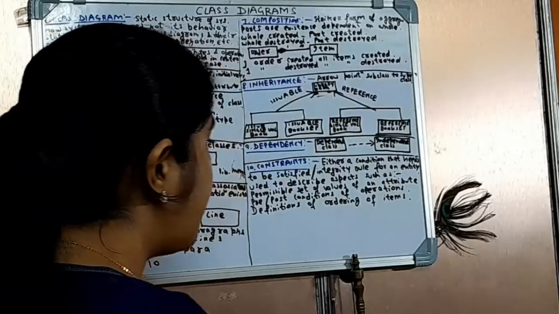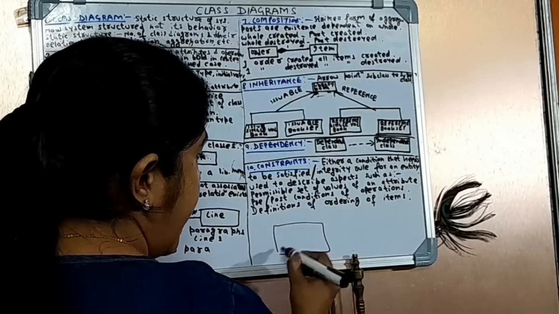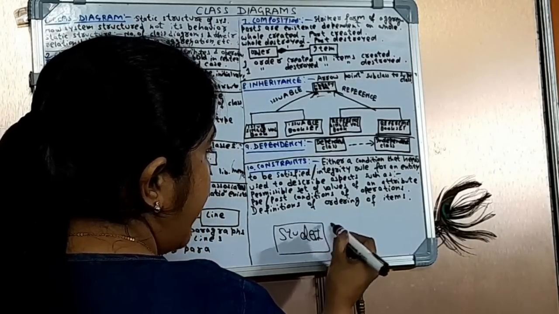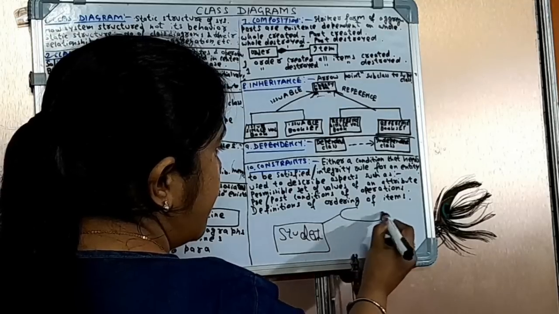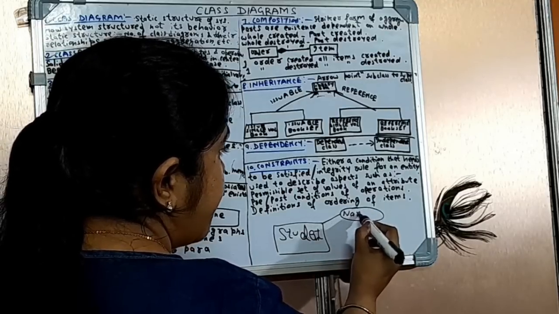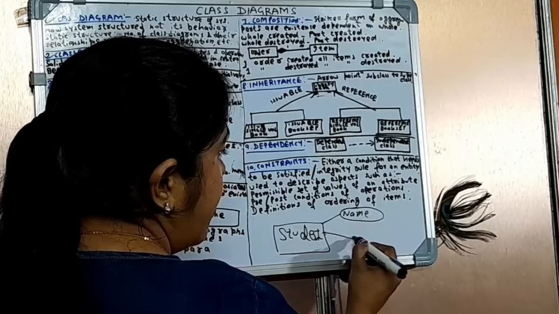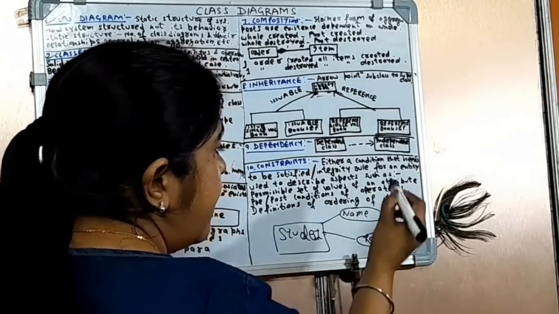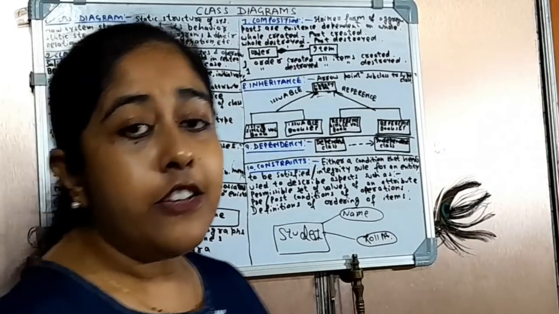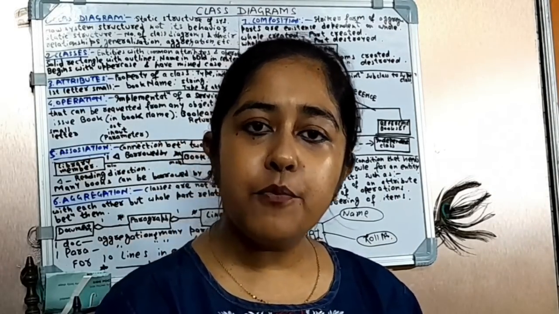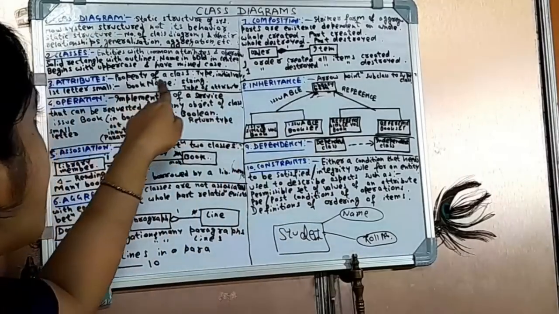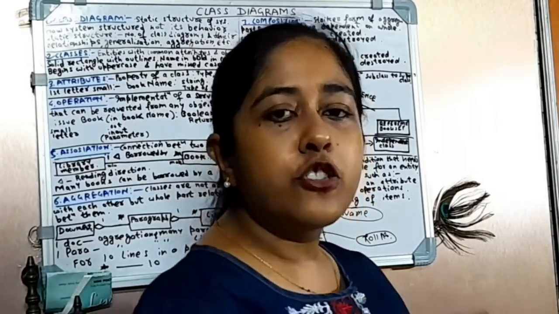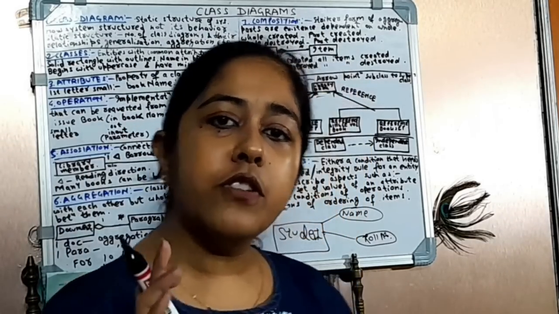Suppose this is my student entity, then it will have some attributes, such as their name, their roll number, etc. So attributes are basically the properties of a particular class.